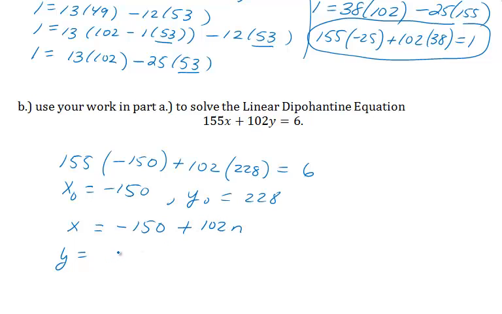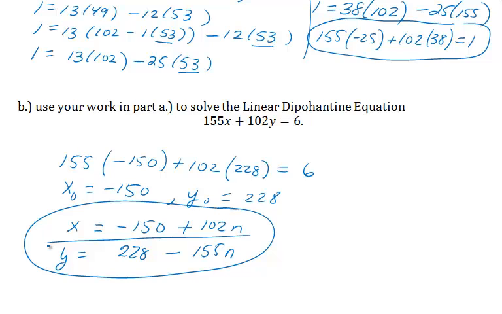And y is y naught, which is 228, minus a over d, so that's 155 over 1, or 155n. So there is the formula for all solutions to that linear Diophantine equation, where n, again, is any integer.